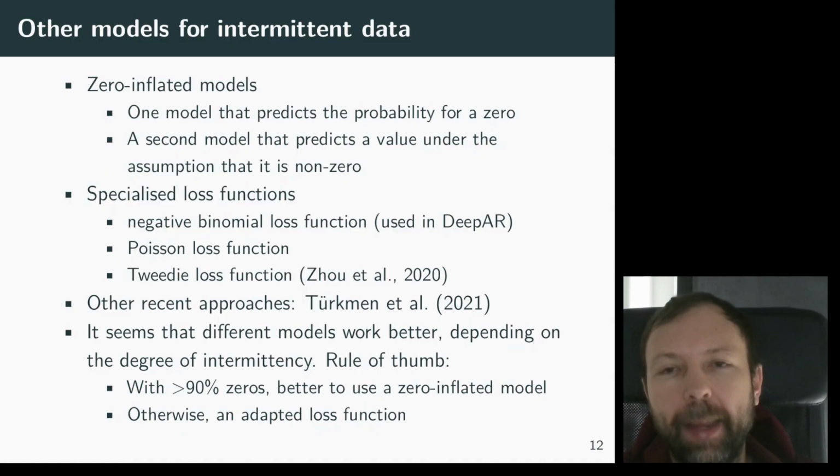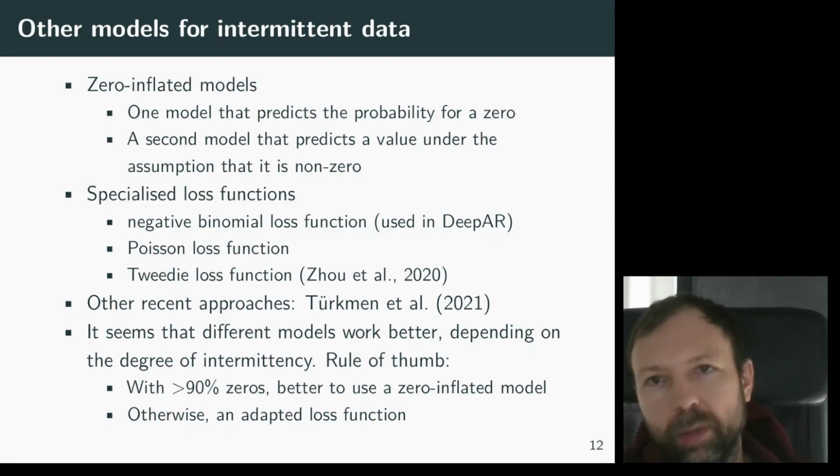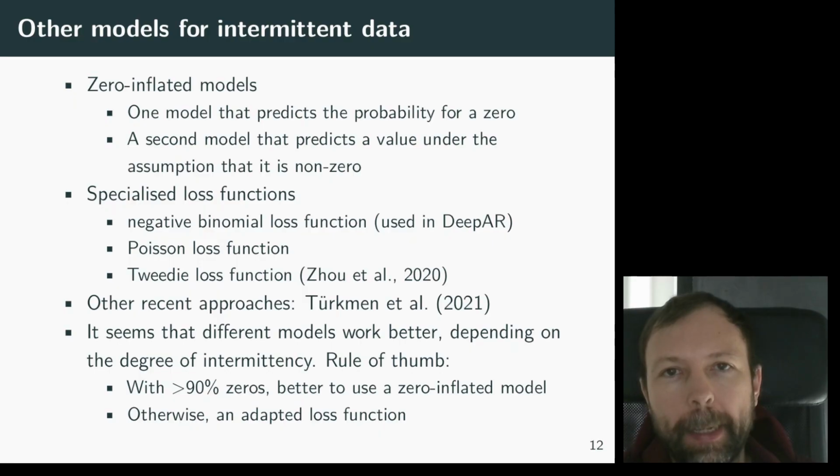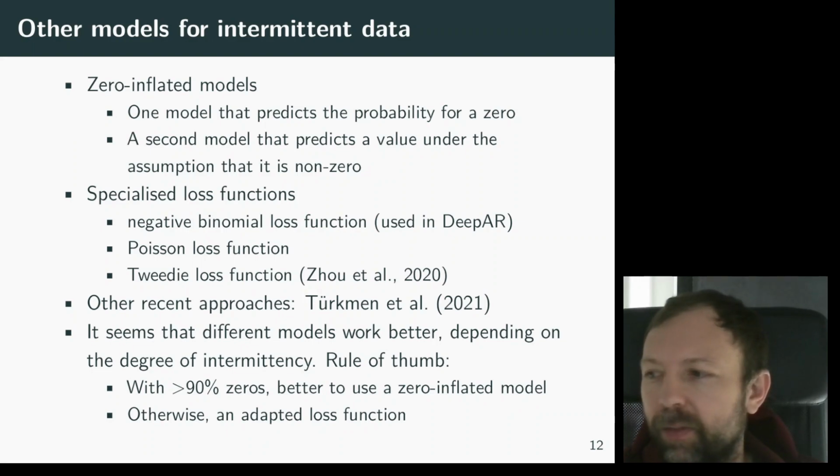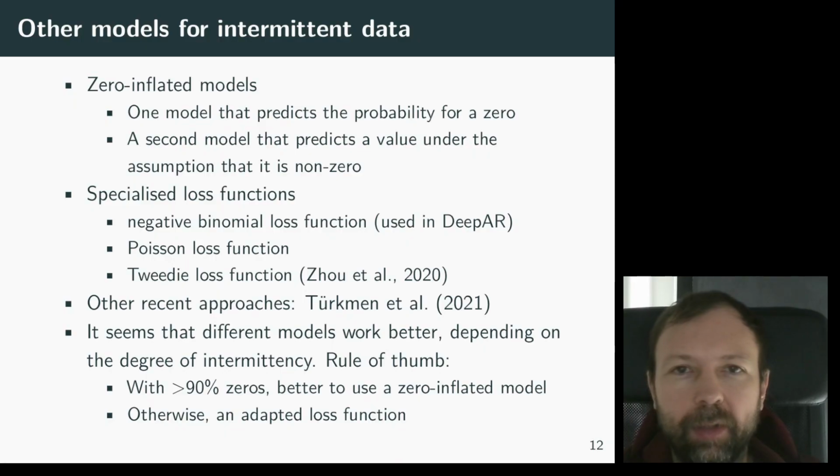So basically the MAE for intermittent data encourages you to predict a constant 0. So very often, constant 0 benchmarks are strong benchmarks for intermittent data, and you really need to think about a loss evaluation measure where the constant 0 is not just always winning.